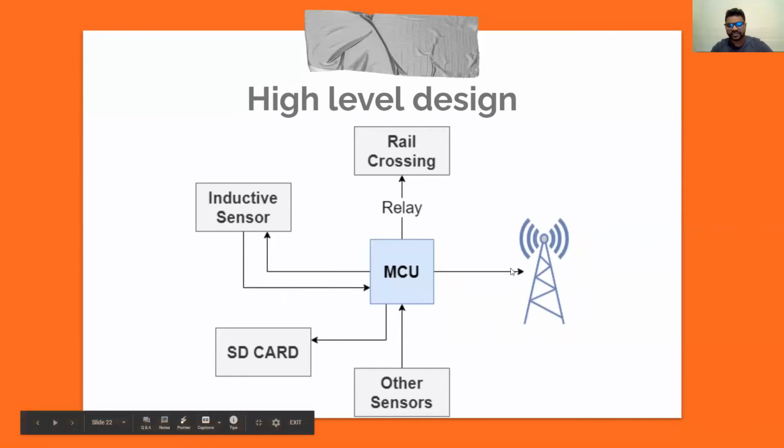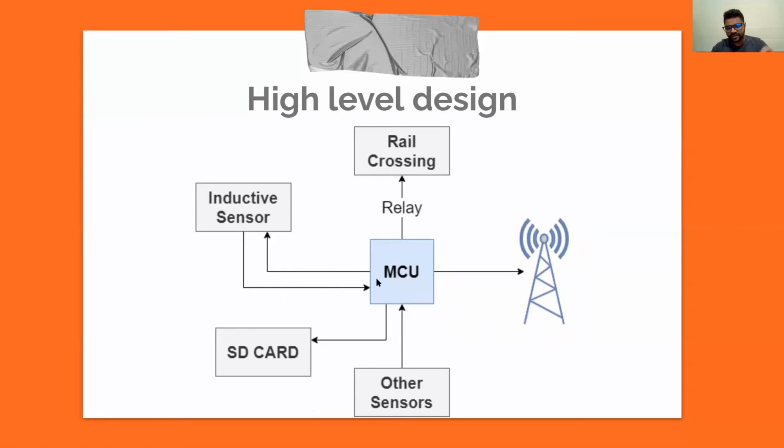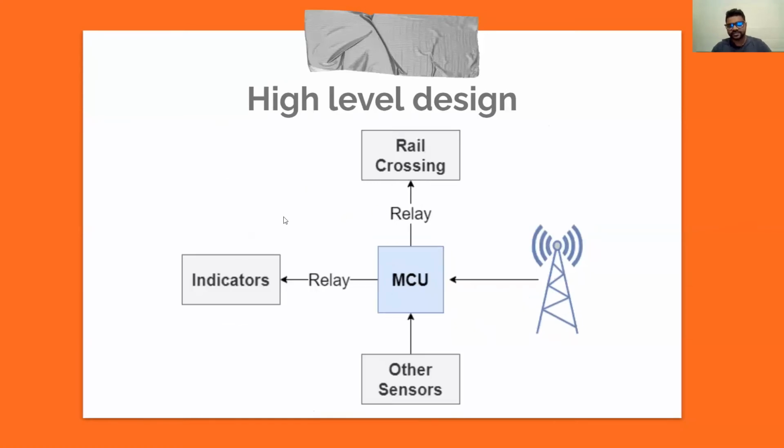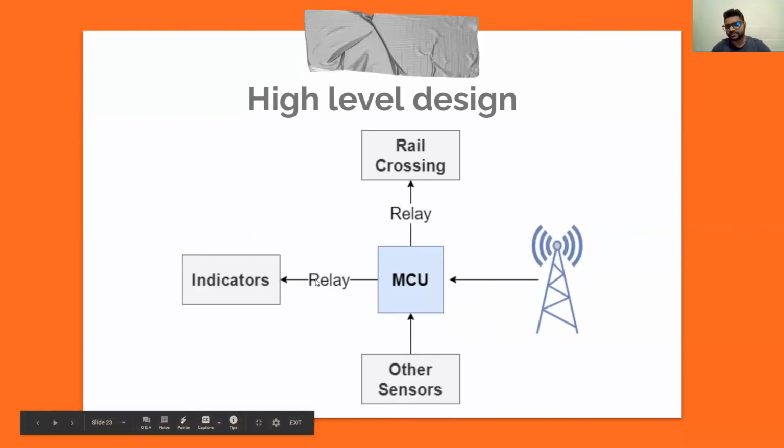It is connected to the rail line, and once it detects a train, it transmits to another system which does the rail crossing, the rail indicators and things like that. If something failed here, it will activate all the safety systems in this microcontroller.